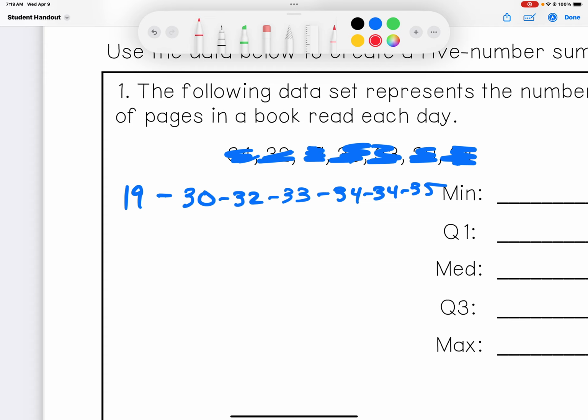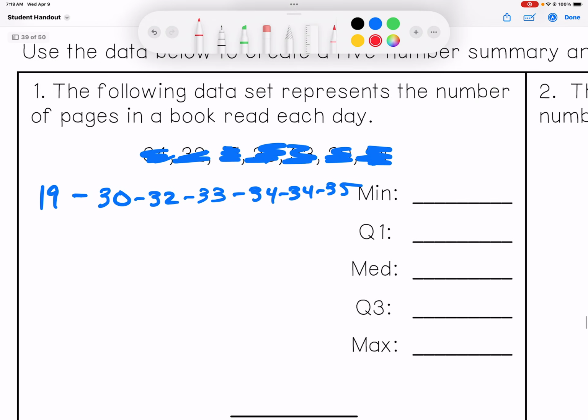All right. What is the minimum of those numbers? Obviously, it is 19. The maximum, obviously, is 35. So now let's find the median and kind of start. The median is 33. All right.